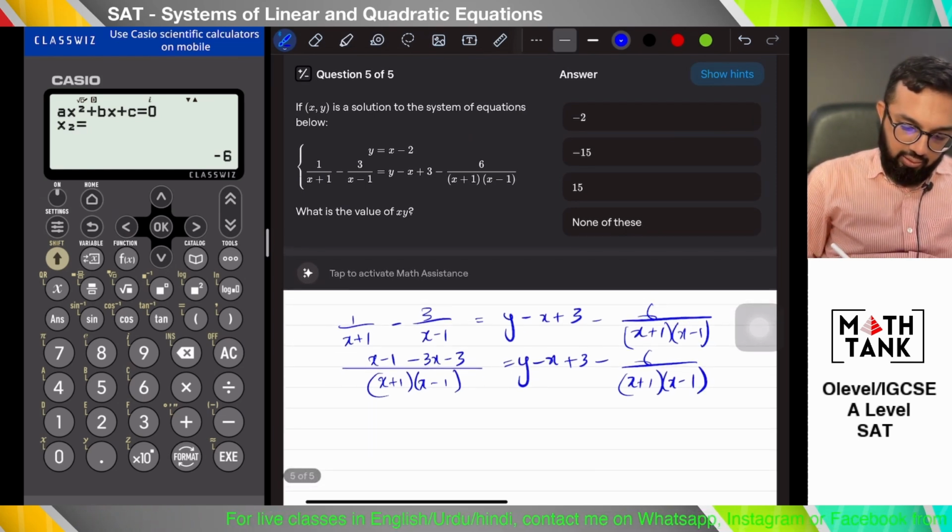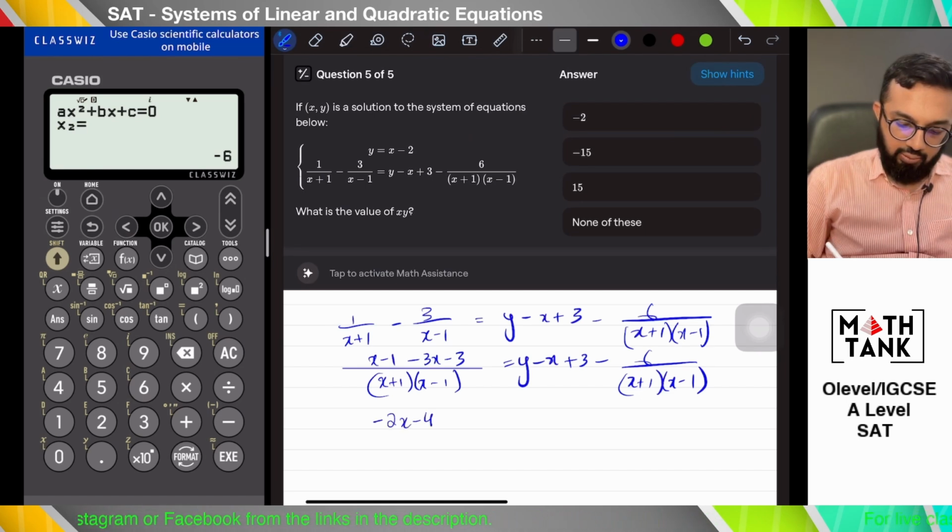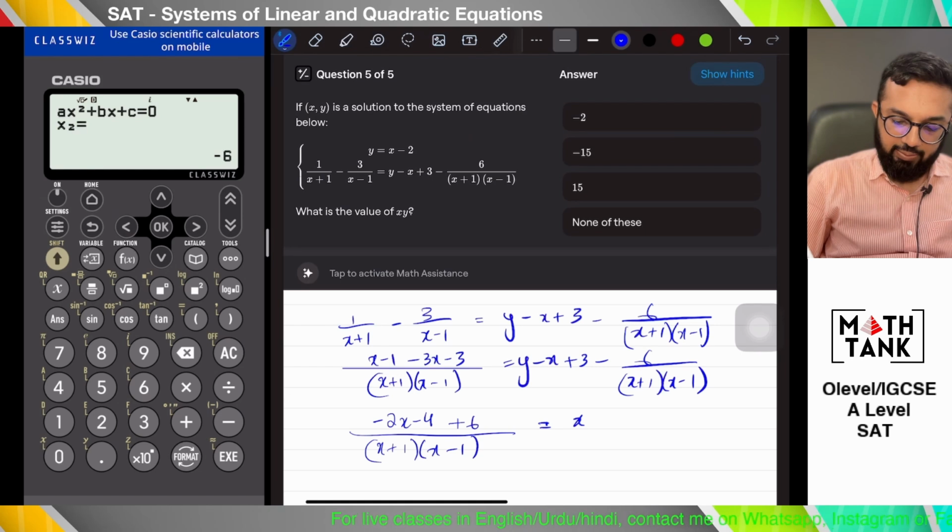Then I can move this to this side and have a common denominator there as well. So I can do minus 2x minus 4 plus 6, and I have a common denominator x plus 1 and x minus 1. I can replace y with x minus 2, and that is minus x plus 3.